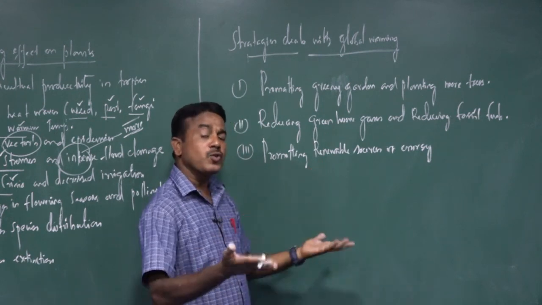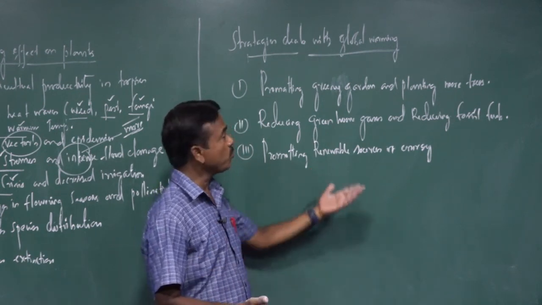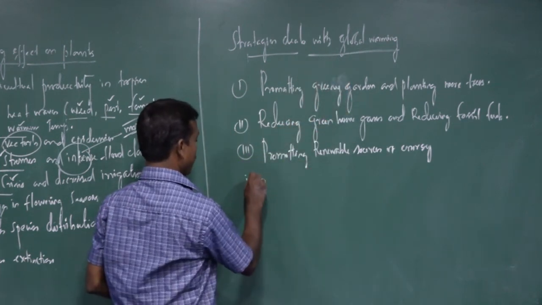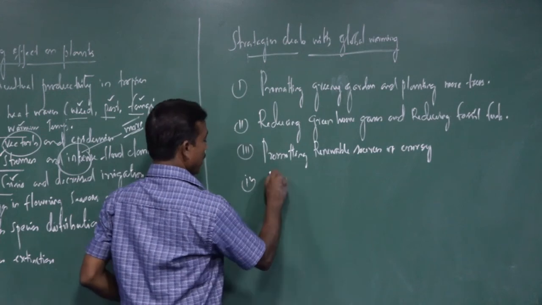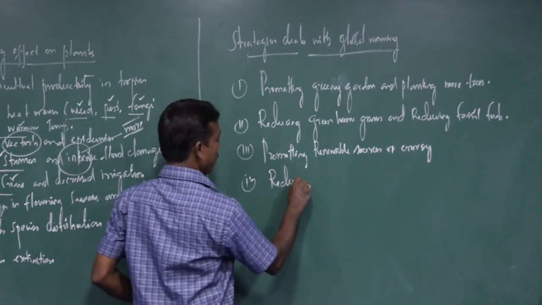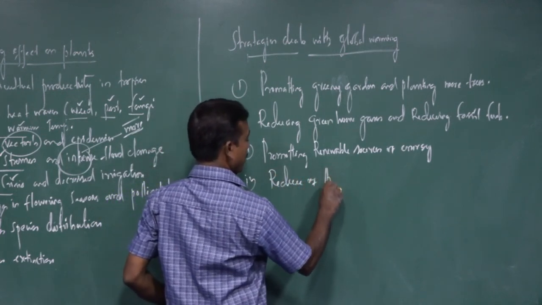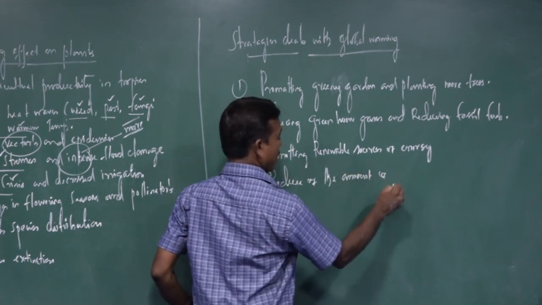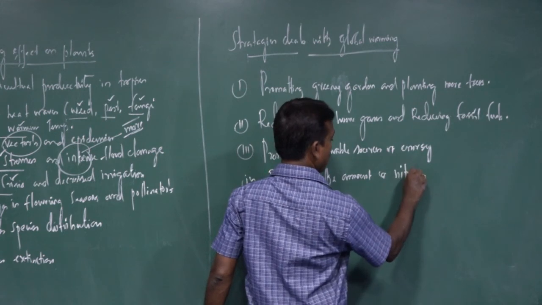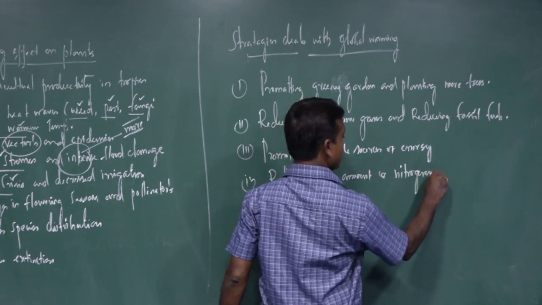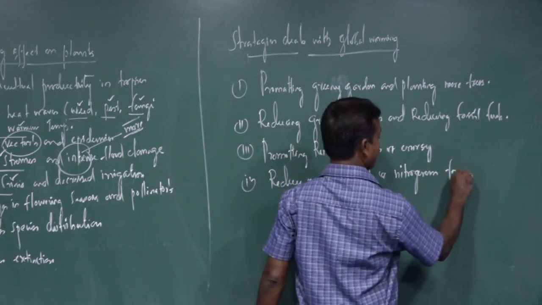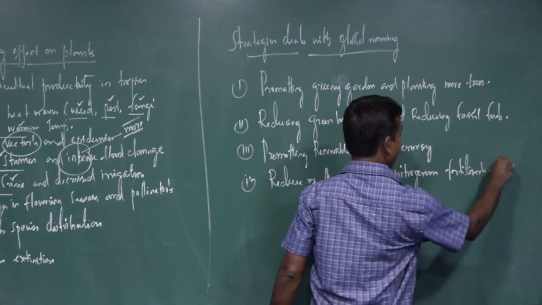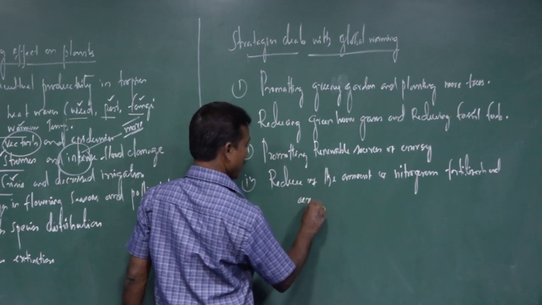Renewable resources are usually responsible for conserving against global warming. Fourth one, reduce the amount of nitrogenous fertilizers and aerosols.